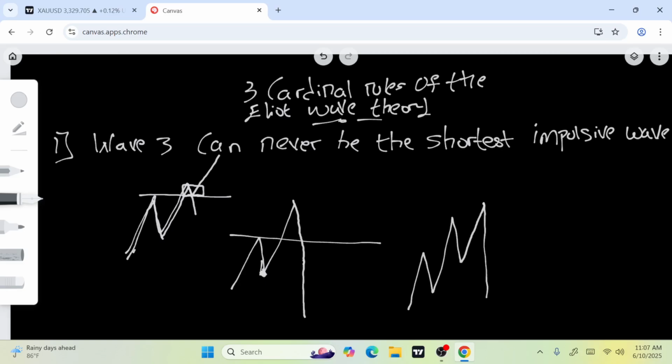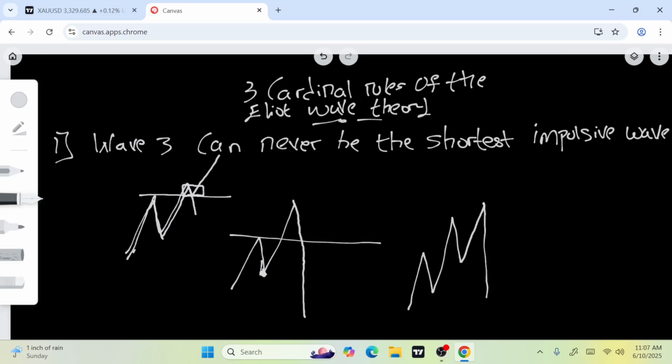And now that is where we have our correctional wave. Any pullback that does not get in between your 50 to 61.8, which we are also assuming 38.2, you can't call it a correct pullback.